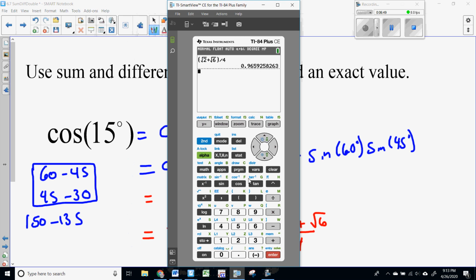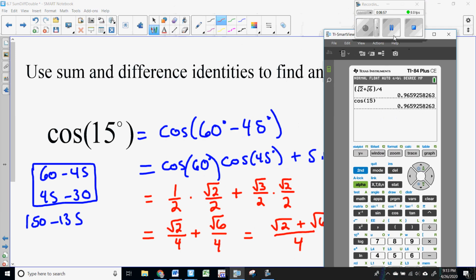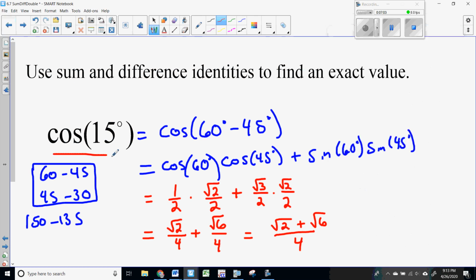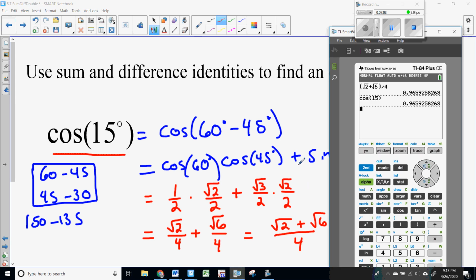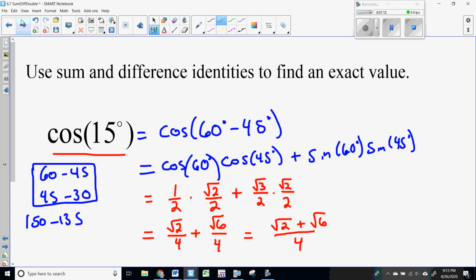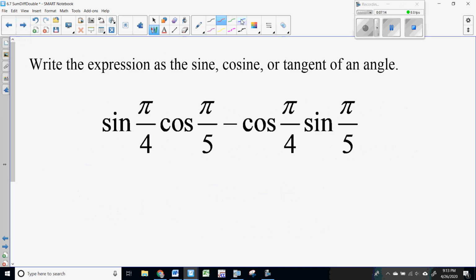If I've done this right, cosine of 15 should be the same thing, and you see we get the same exact answer. So we've used the identity to help us simplify. Now I know we could just type cosine of 15 into our calculator, obviously. This is more about us understanding these formulas. Let's look at another one.